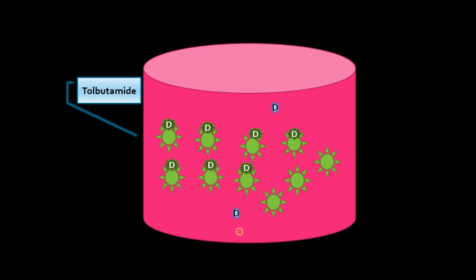The drug is an oral hypoglycemic. That 5% of free drug is sufficient to maintain the glycemia. And as only 5% of the drug is free, the drug will produce more prolonged effects. They are labeled as class A drugs.